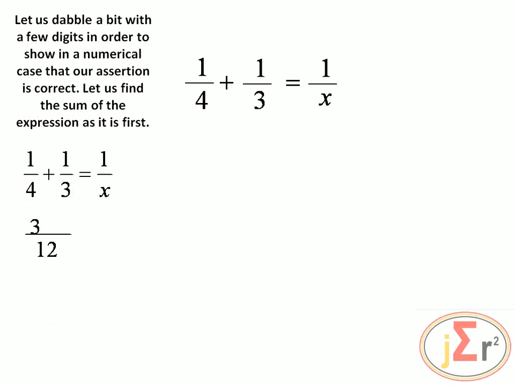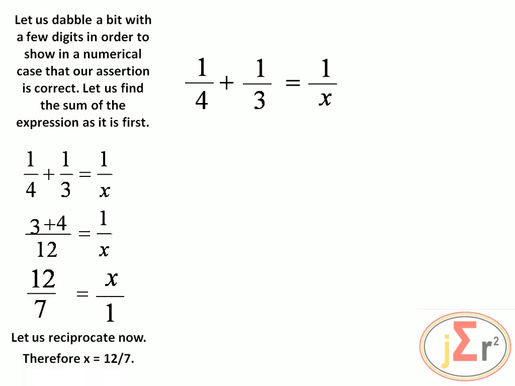And we know the method already. And that is 7 over 12. Let us reciprocate now. Therefore, the value of x is 12 over 7.